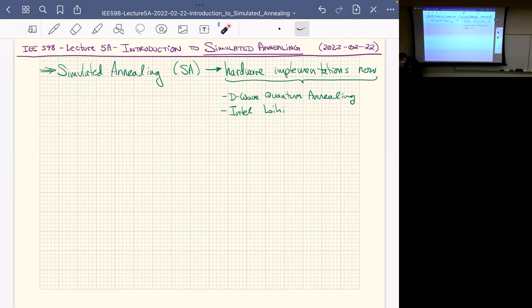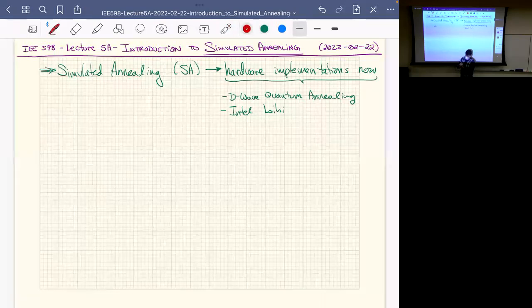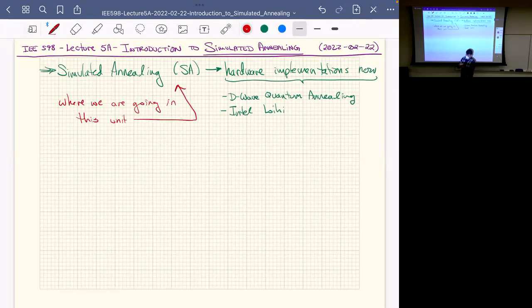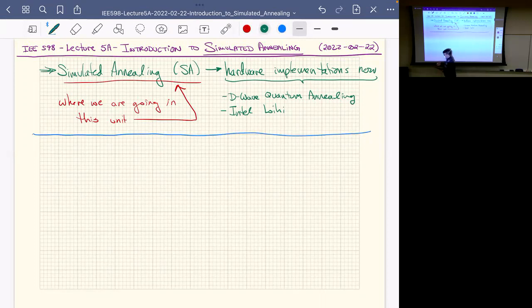All right, so that's where we're heading. Where does the motivation for this come from, or what the heck is annealing to begin with? We're focusing on physical processes in this unit. But first, let's step back a little bit and think about physical processes in general.